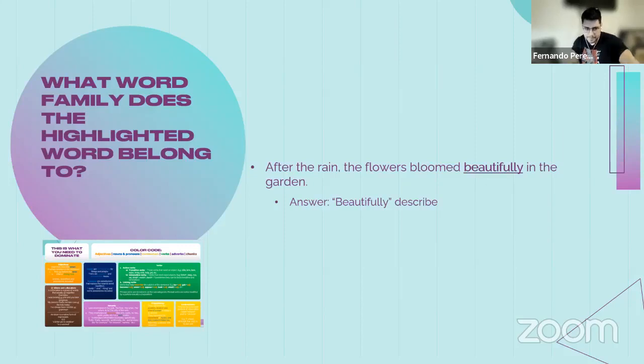We have a problem. The person, verb, complement. Who bloom? The flowers. Exactly. So you cannot separate the flowers and the verb bloom. The flowers bloom. And what does it describe?